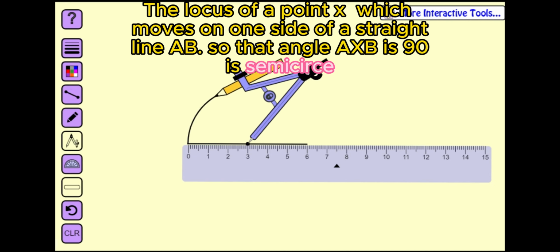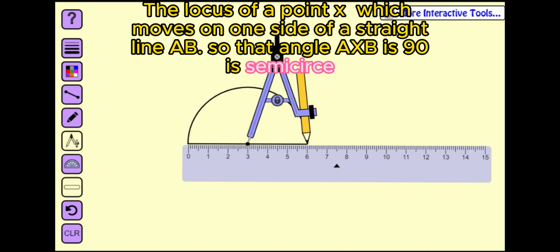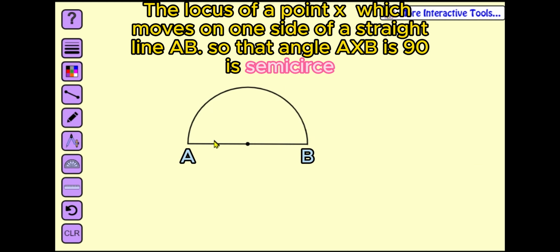So we have our semicircle in this case, and we see the line AB there. From the two points A and B to any point on the circumference, the angle made is always 90 degrees. So X could be at any point on the circumference. The angle AXB will be 90 degrees, which is constant.